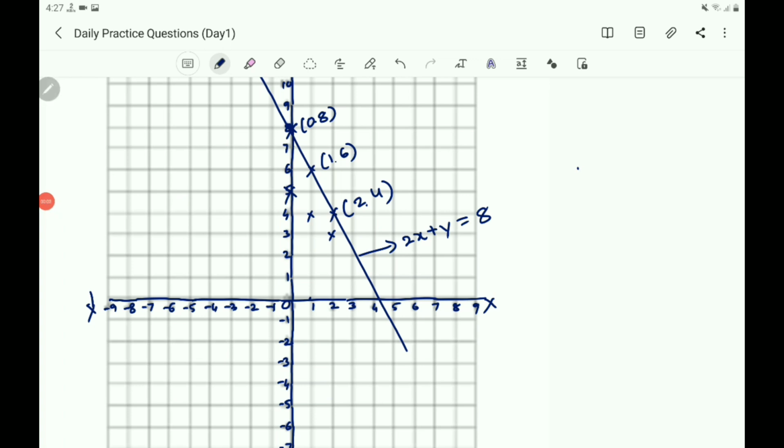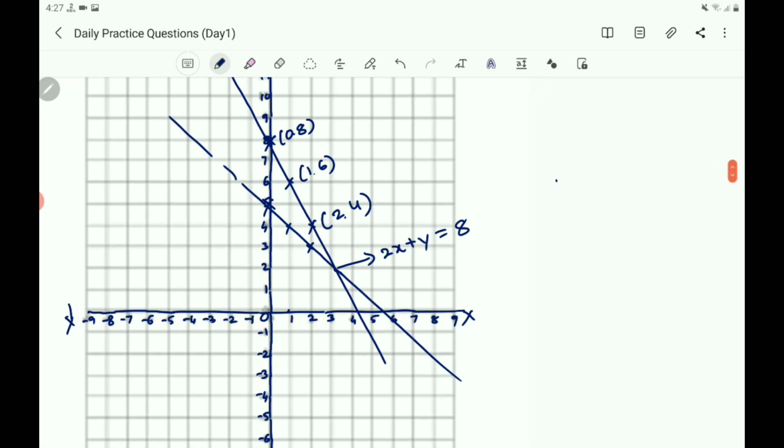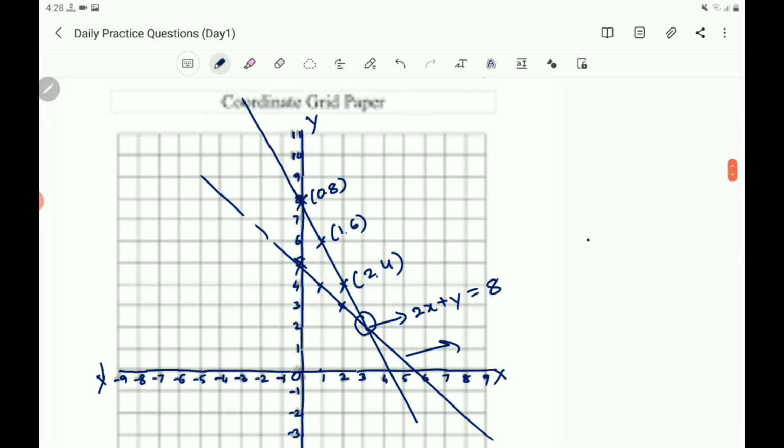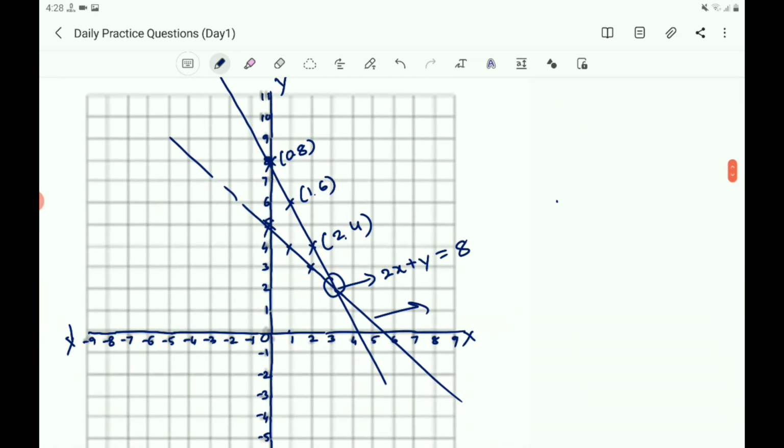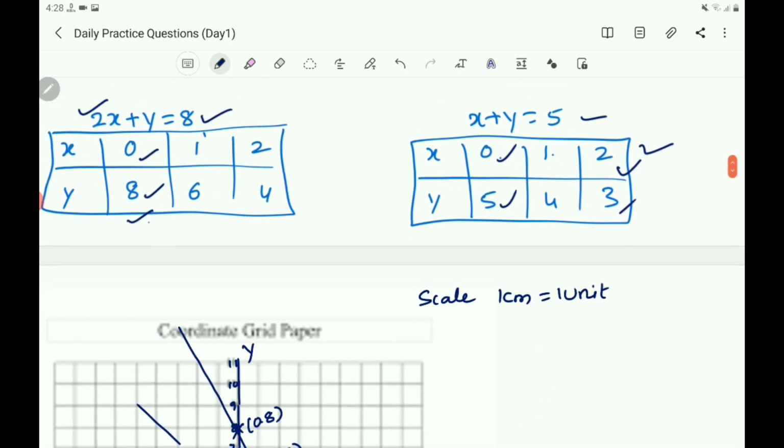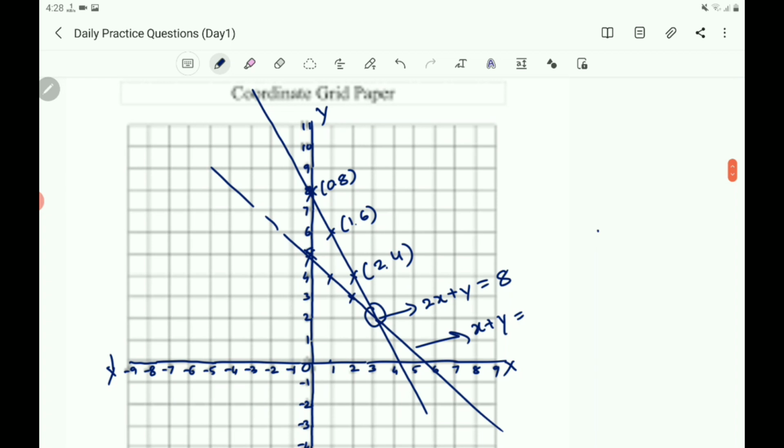Now let us join these 3 points, and you got the straight line. This is what? x plus y equals 5.